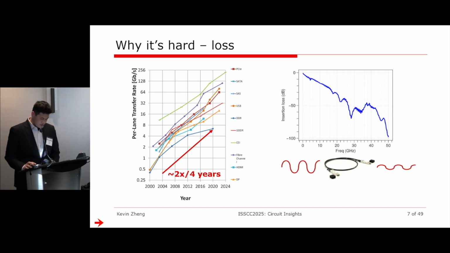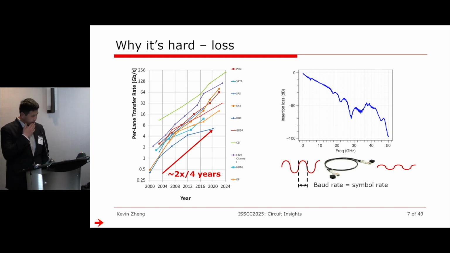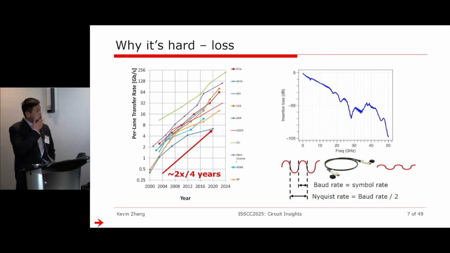The fastest speed you can send for a given data rate is given by basically the width of that bit in time. That gives us what we call a baud rate or a symbol rate. When you look at the sine wave that completes a cycle, we call this the Nyquist rate, which is half of the baud rate.